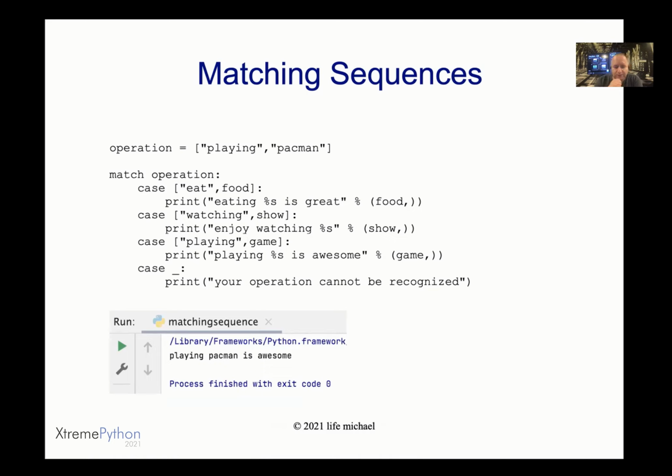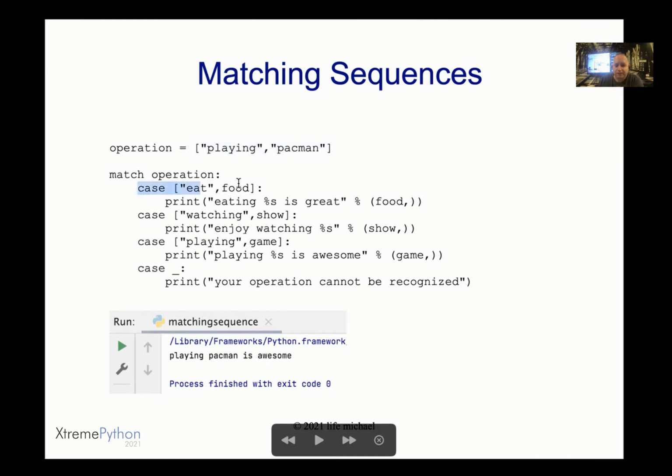Let's take a look at this code sample. Here we have, as you can see, each case has some variables, but it also has some values over here. So when comparing this sequence, in this case a list, to each one of the cases, first there is an attempt to match the first value to the first value we have in each case.